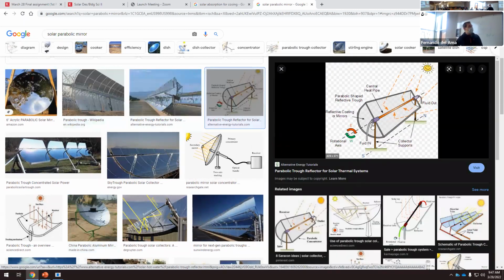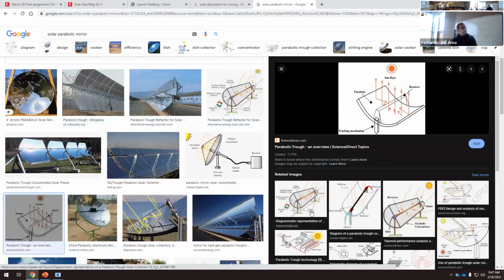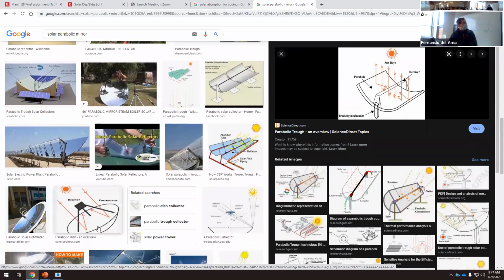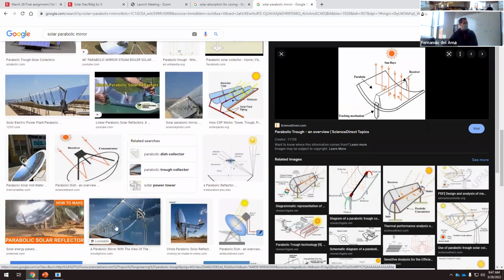Well, this is the strategy. We have the parabolic mirror here, and there is a pipe placed so that all the reflections meet at that point. Okay, so that's it. This is very efficient, and we use this to generate extremely hot water.